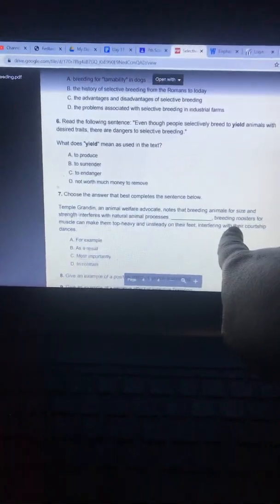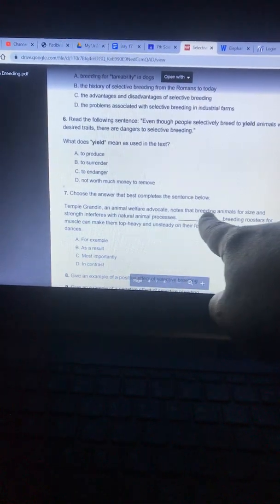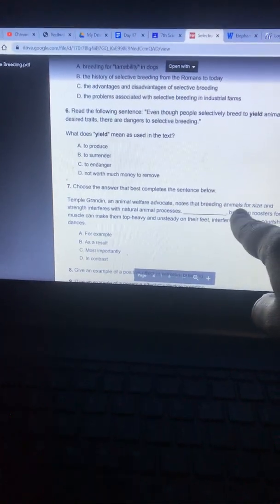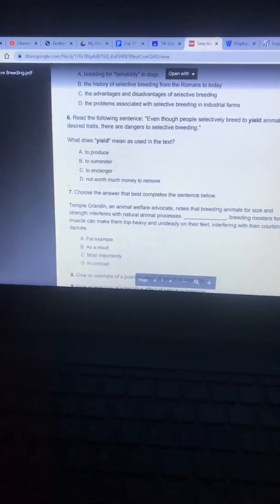So, how does this sentence relate to this? That's how you're going to figure that out. So this is giving you a definition, kind of. An animal advocate notes that breeding animals for size and strength interferes with natural processes. So he's giving an opinion or a fact that size and strength interfere with an animal's natural body.